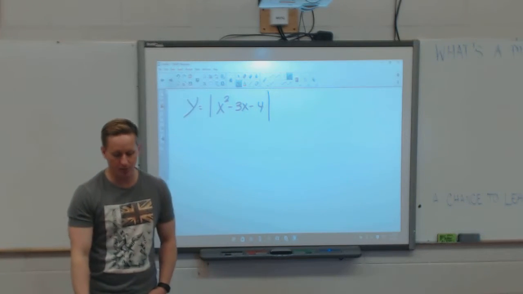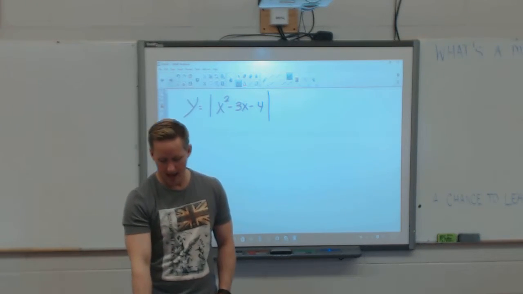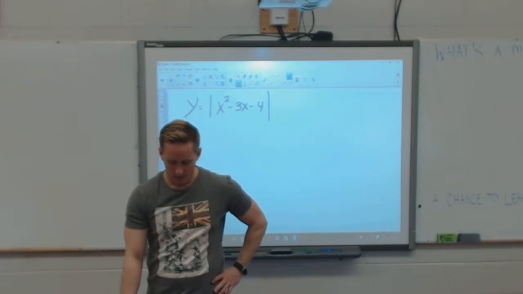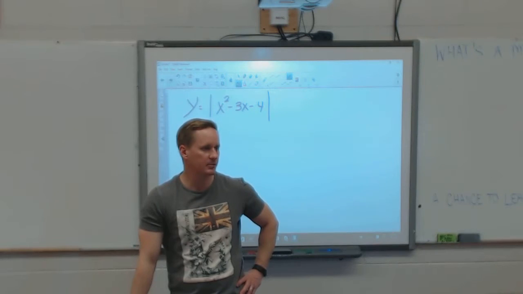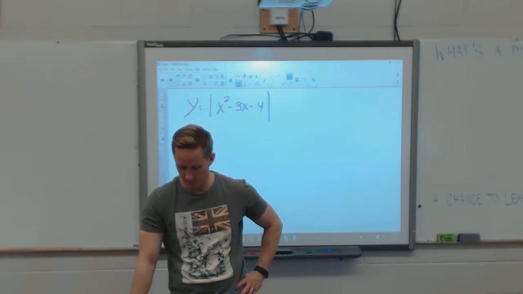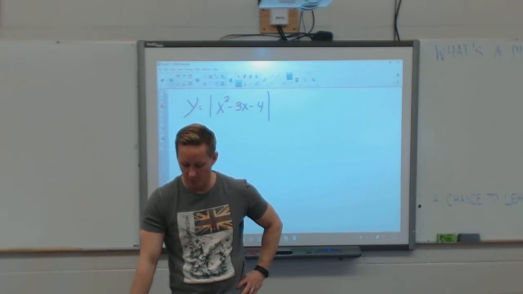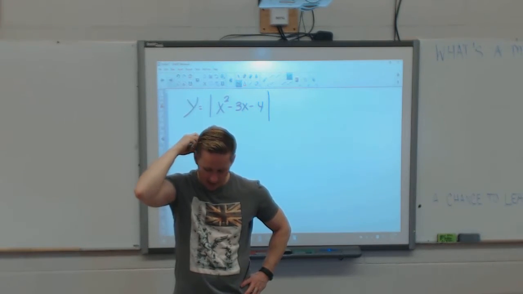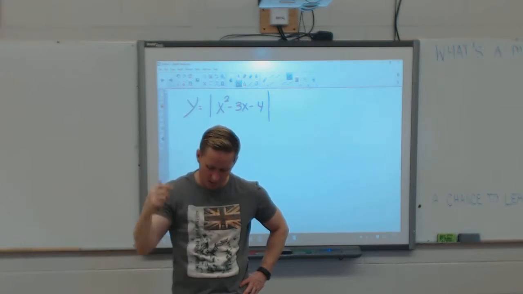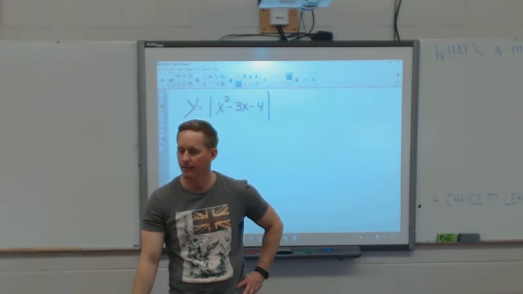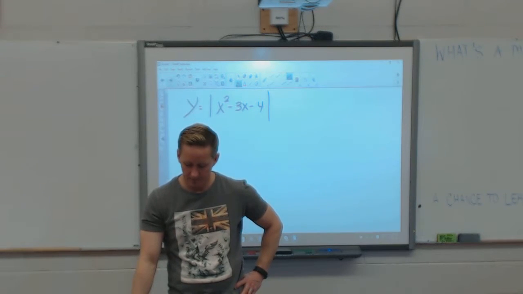All right, let's follow your book for a second. In A, write this in your book as we go along. Determine the y-intercept by substituting x is equal to what? 0. In the function it's solving for y. So I put 0 in, I get 0 squared minus 3 times 0 subtract 4, which is going to give me what? Minus 4, right?